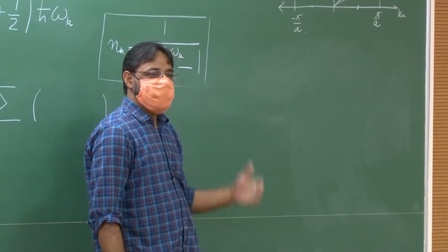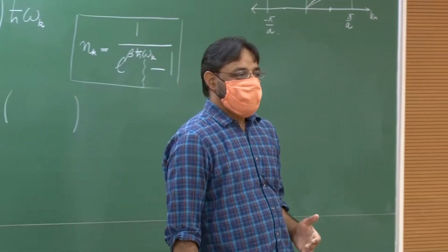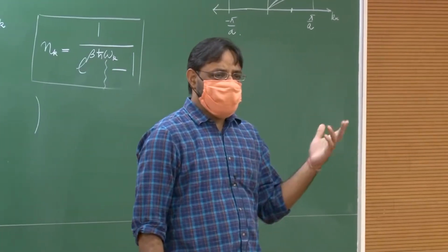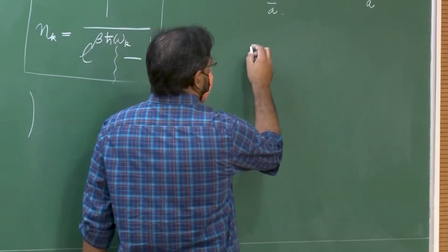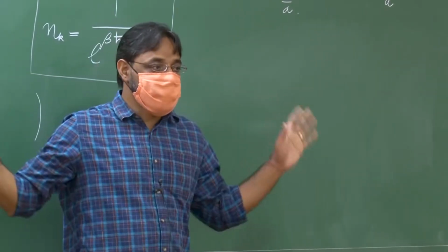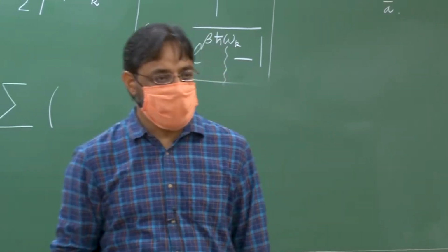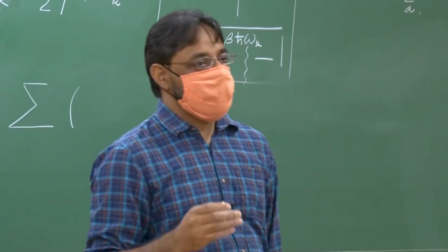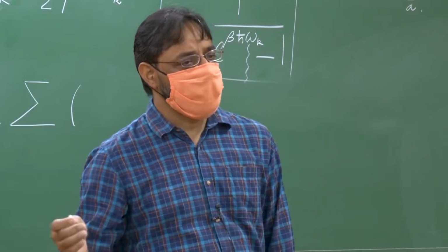They did in the backyard of their home, they did a lot of experiments and they reached a conclusion, and the conclusion was that irrespective of which solid you take, as long as it is insulating, the specific heat always comes out to be a constant number, which is around 25 joules per mole Kelvin.